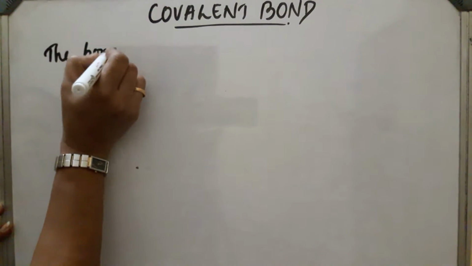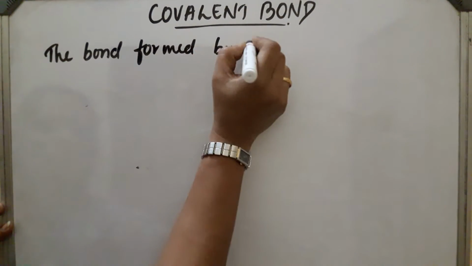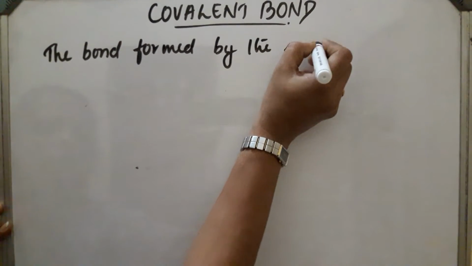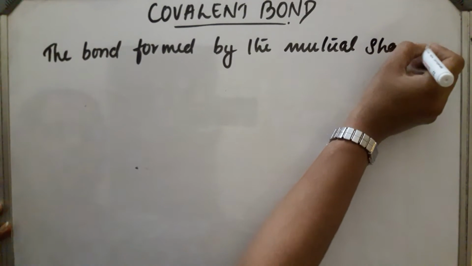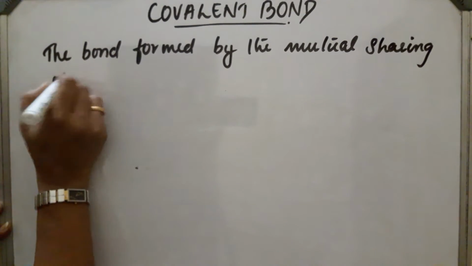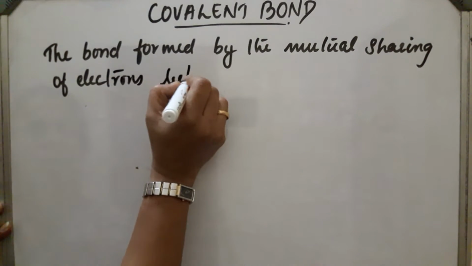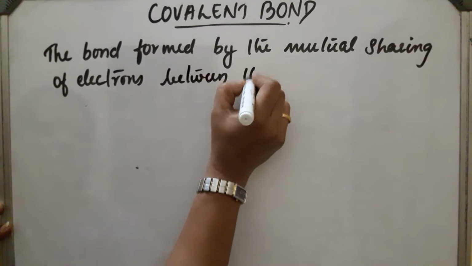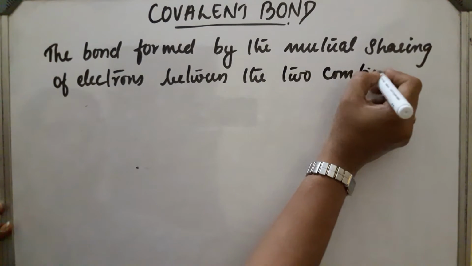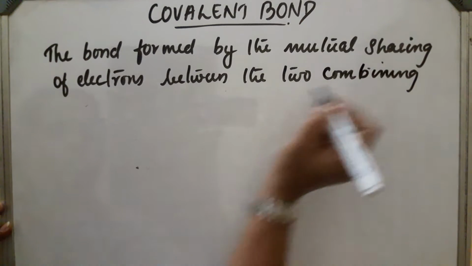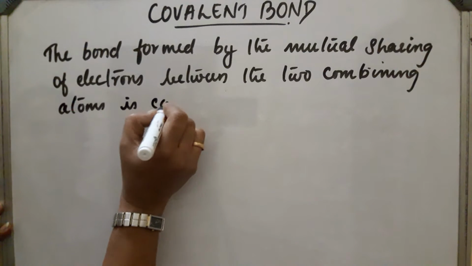The bond formed by the mutual sharing of electrons between the two combining atoms is called a covalent bond.